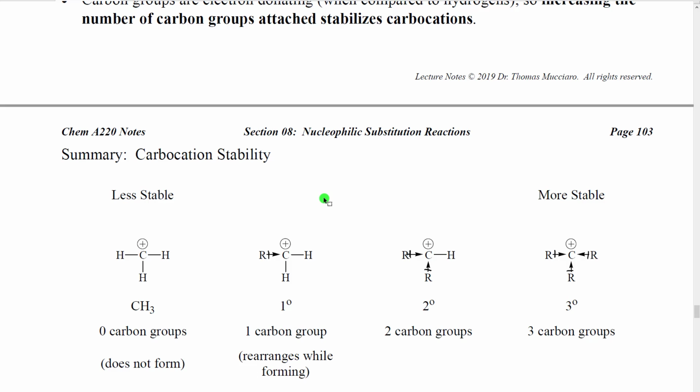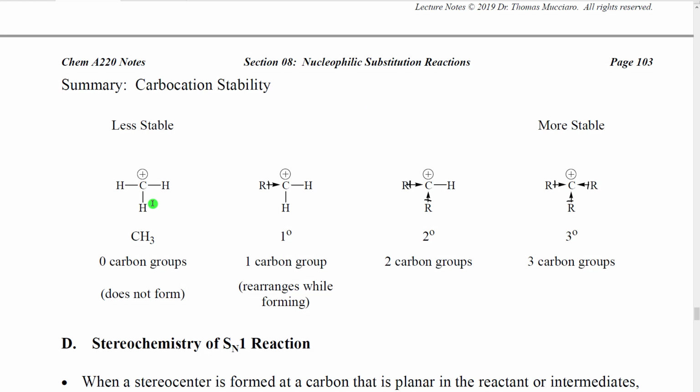So we can summarize this carbocation stability by using our previous classifications of carbons. A methyl carbocation has 0 carbon groups, and it turns out to be extremely unstable to the extent that under normal circumstances it does not form.